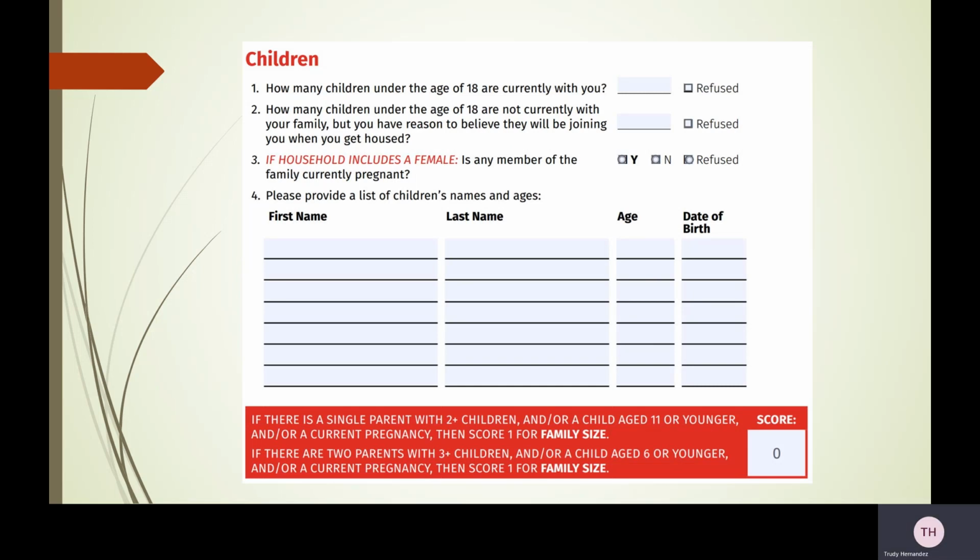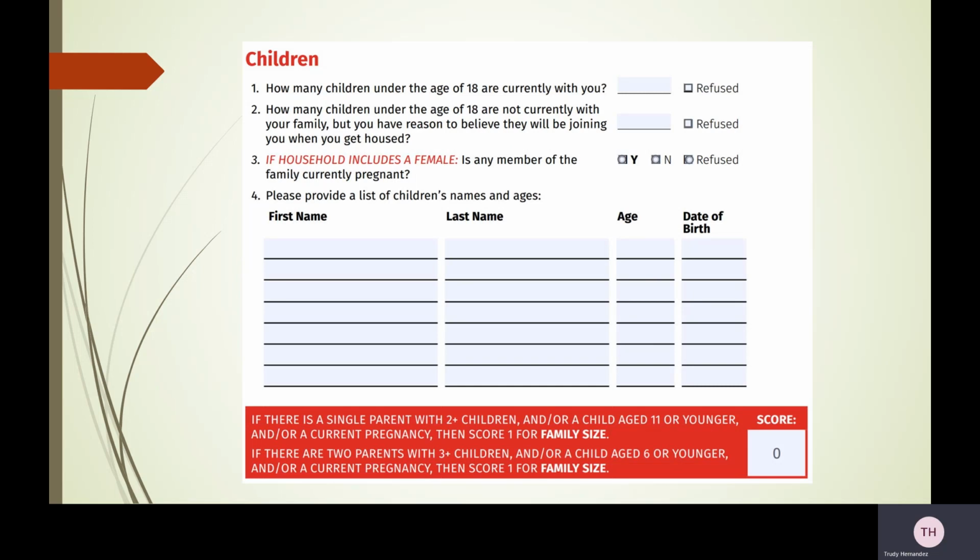We want to make sure that we account for any children who will be living with them once they are in housing. Question 3, if the household includes a female, then you're going to ask, is any member of the family currently pregnant? And question 4 is just listing out the children's names and ages. And then you'll see the scoring broken down.